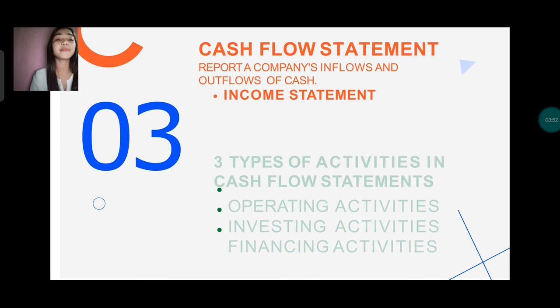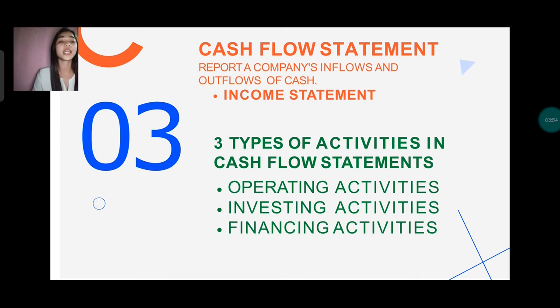There are three types of activities in cash flow statements: operating activities, investing activities, and financing activities. Operating activities analyze a company's cash flow from net income or losses. Investing activities show the cash flow from all investing activities, which generally include purchases or sales of long-term assets such as property, plant, and equipment, as well as investment securities.